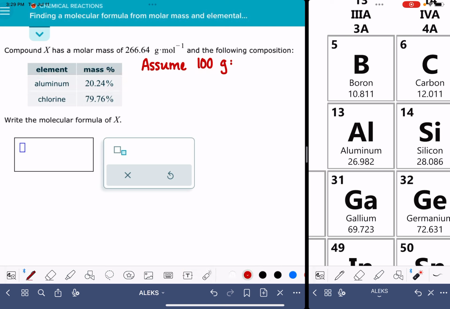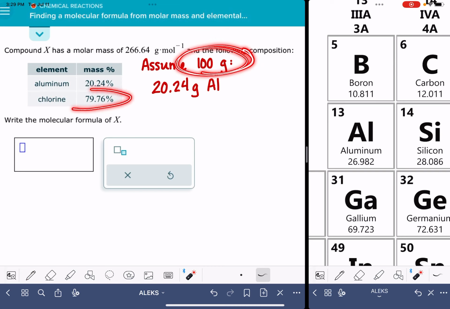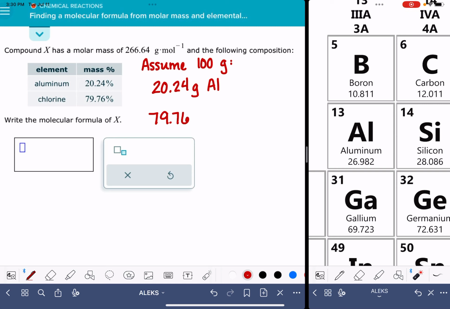Because I chose 100 grams, which is a really easy number, I'm going to have 20.24 grams of aluminum. And in my imaginary 100 gram sample, I know that 79.76% is going to be due to the presence of chlorine atoms. So that means I'm going to have a total of 79.76 grams of chlorine.